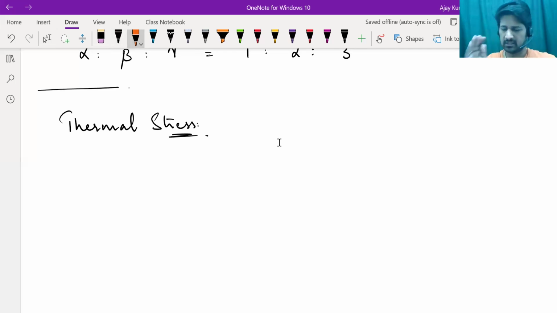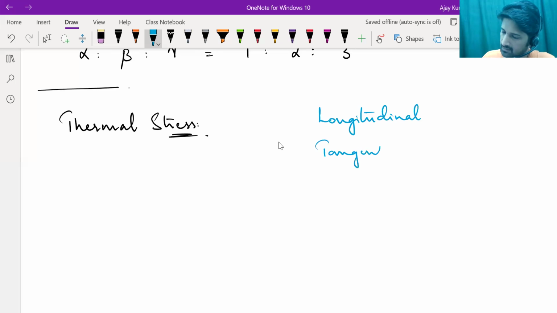Now, if you remember in the chapter solids, we had studied three different kinds of stress. Longitudinal stress tends to increase or decrease the length of an object. We had discussed tangential stress, and we had also discussed volumetric stress. These are the basic kinds of stresses.